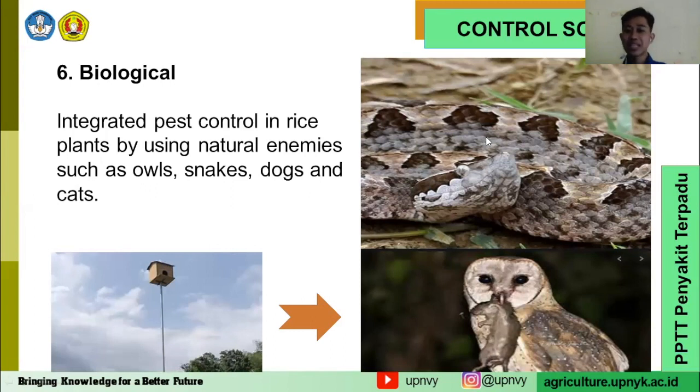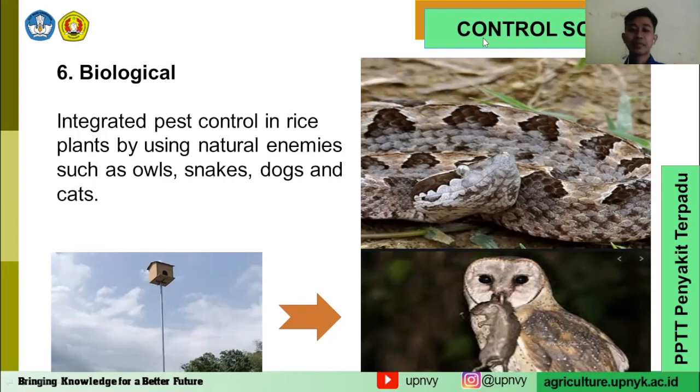Integrated pest control of rice plants by using natural enemies such as owls, snakes, dogs, and cats. We can use natural enemies to maintain the balance of the ecosystem. With this, we can keep the pest population below the economic threshold.